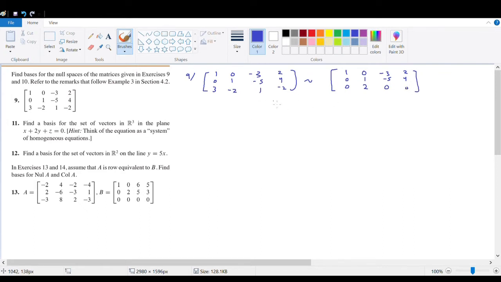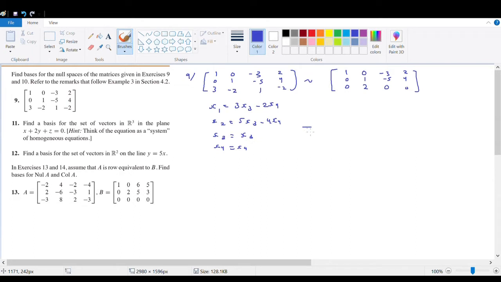So from here we can write x1 equals 3x3 minus 2x4, x2 equals 5x3 minus 4x4, x3 is a free variable and x4 is also a free variable.